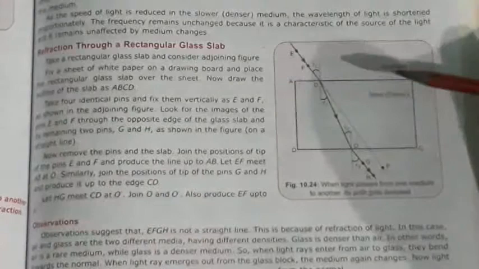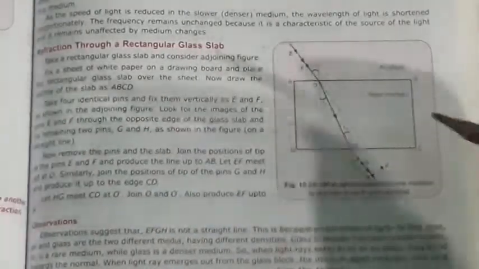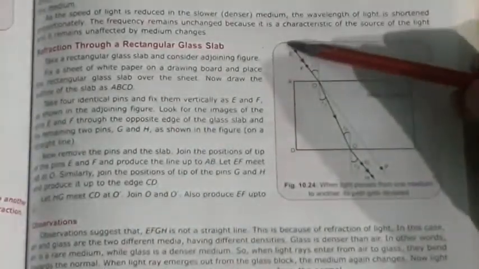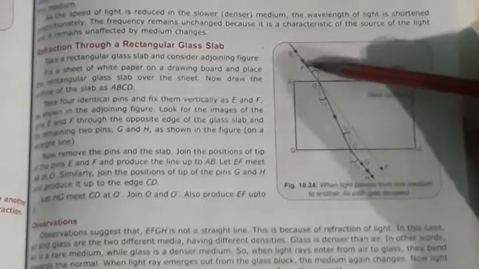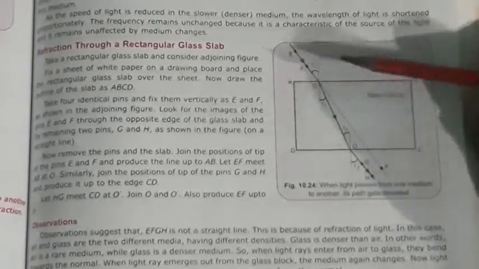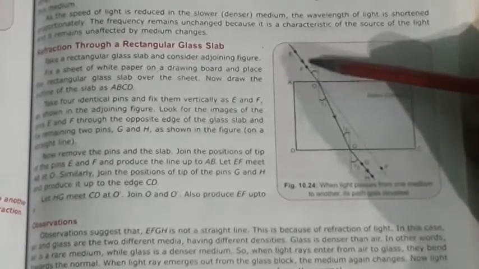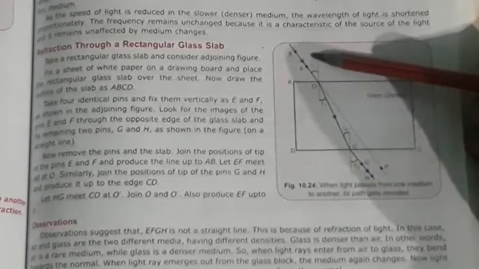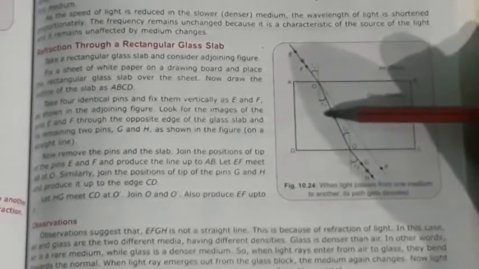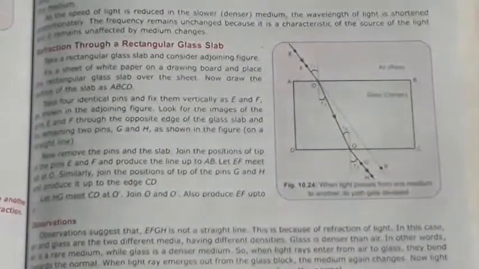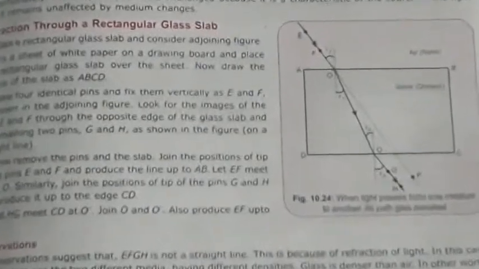As we talked about, the light ray comes from here, then strikes at this point. This is the incident ray, so this is I1. This is the refracted ray, so this is R1.